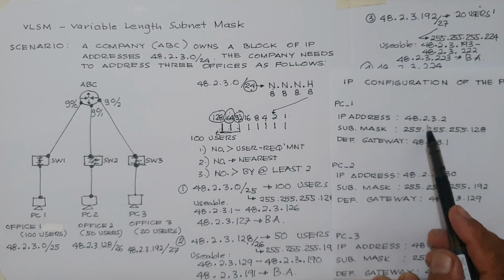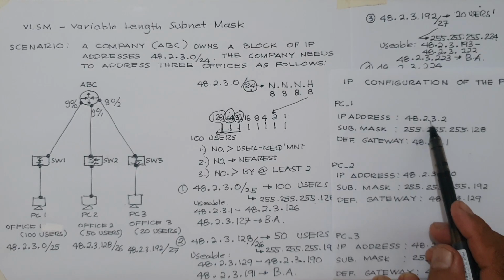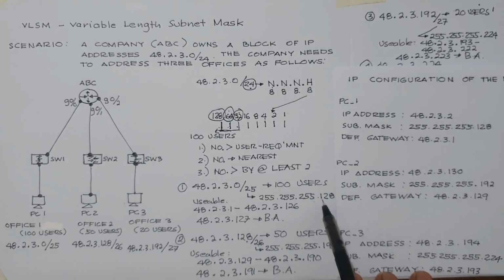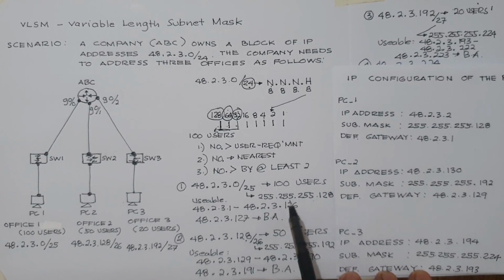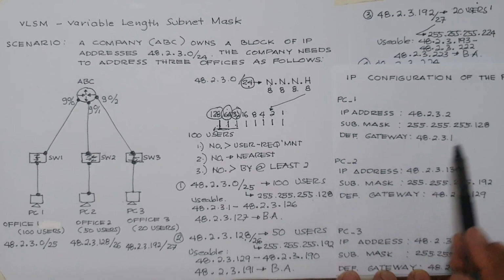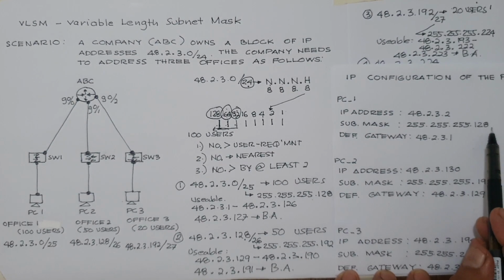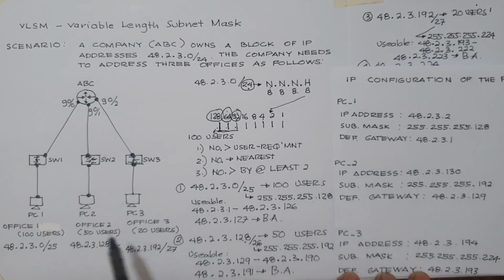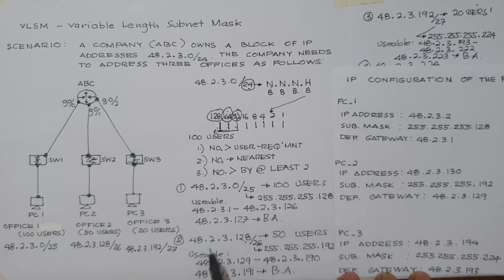And what will be the subnet mask of this IP address? That will be the subnet mask here, which is 255.255.255.128. Okay? For PC2, this is the address space where PC2 belongs.